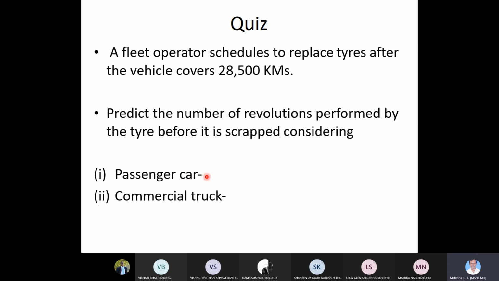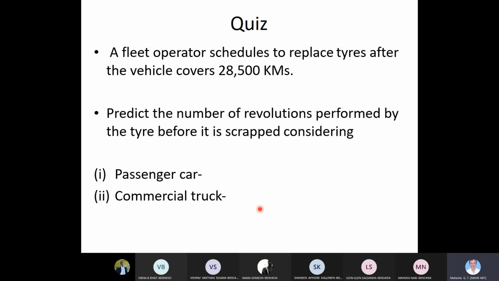Tire radius for a passenger car can be considered 30 centimeter. Tire diameter for a truck is around 1000. It is 1020 actually. Even if you see your bus and truck, they have the standard diameter of 1020 mm. You can use any unit of your convenience.